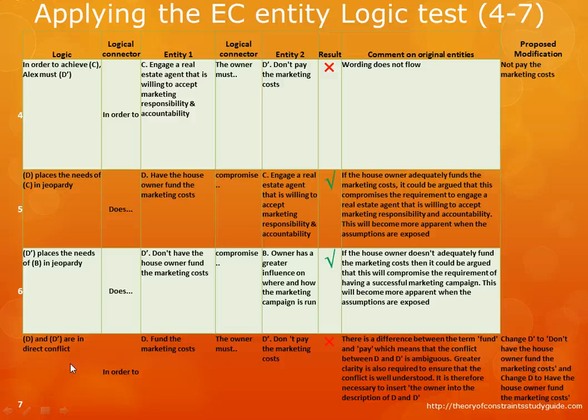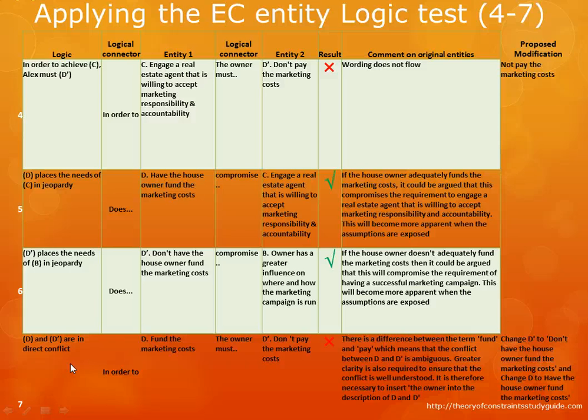And I say that it does. That's why I've passed or given it a tick in terms of the test, and said that one could well argue that if we want an agent to have responsibility and accountability, they should fund the marketing cost, not the house owner. So that's why I've given it a tick.